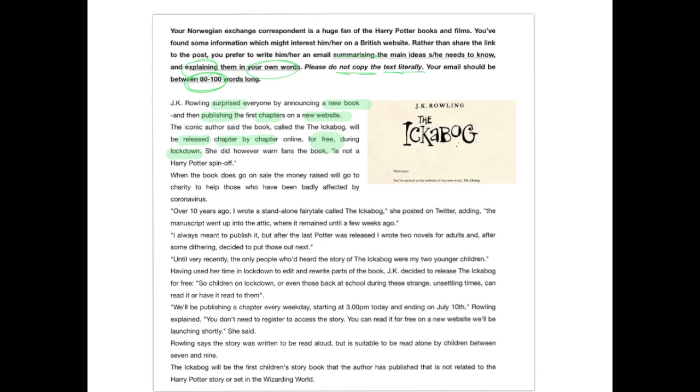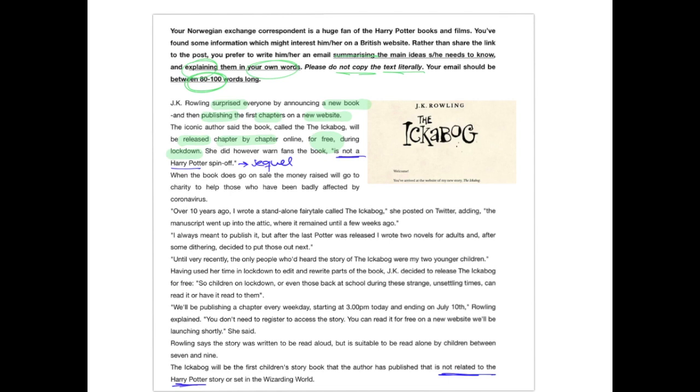The period of time is called lockdown because we were locked down in our homes. Important information, not Harry Potter spin-off, which means sequel or continuation or something that is related, not related to Harry Potter. It mentions this information here again, not related to Harry Potter.